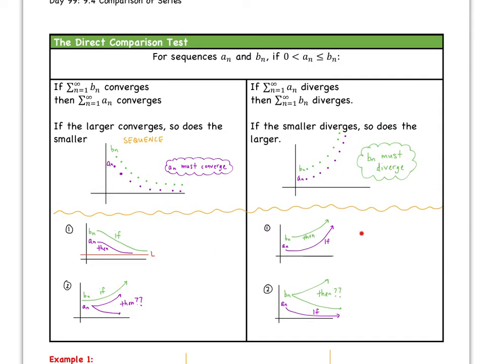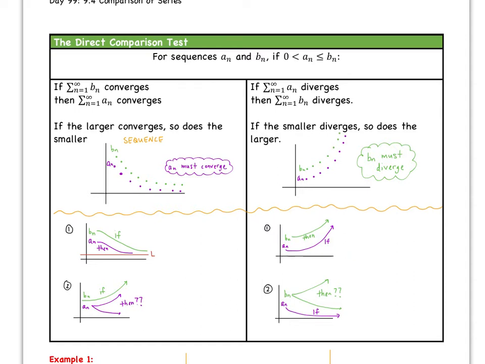In terms of the series, if the series for a sub n diverges, it goes off to infinity, then so does the bigger one. It has to. There's nowhere else for it to go, otherwise it would turn out to be smaller. However, if the smaller one converges, then we don't know anything about b sub n. Maybe it also converges, or maybe it diverges.